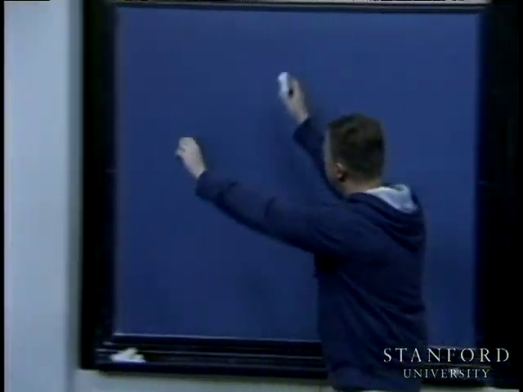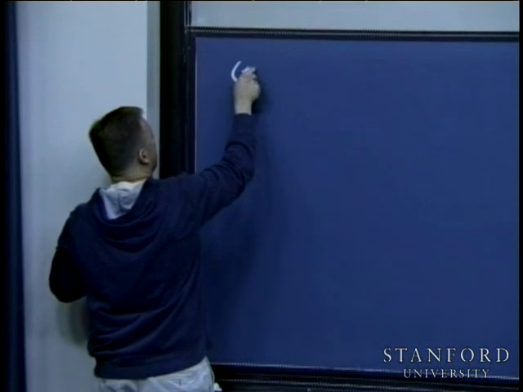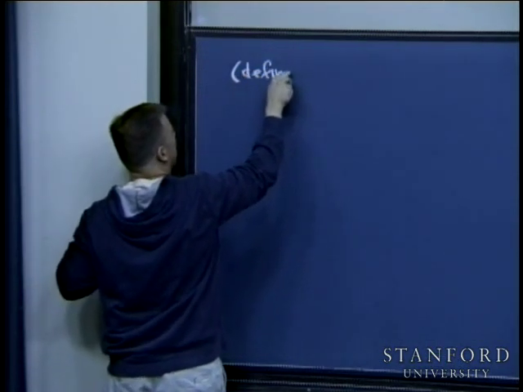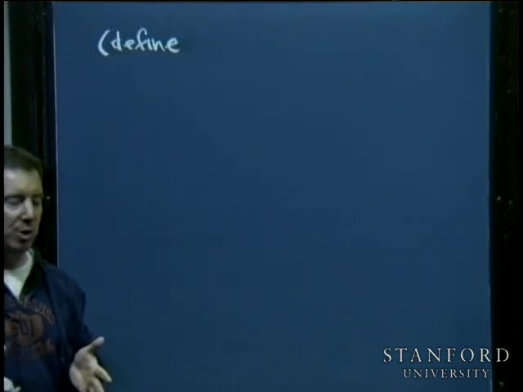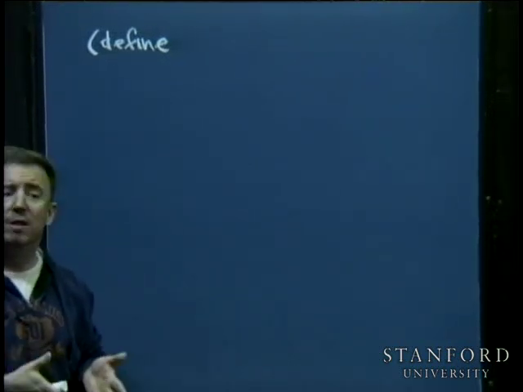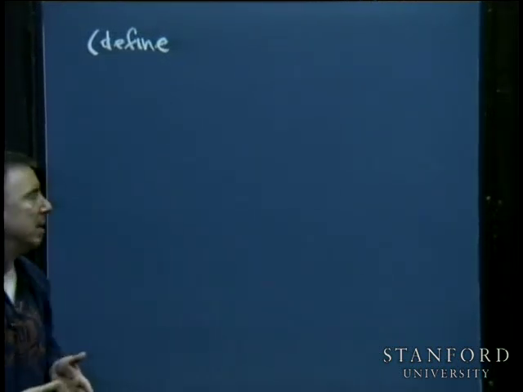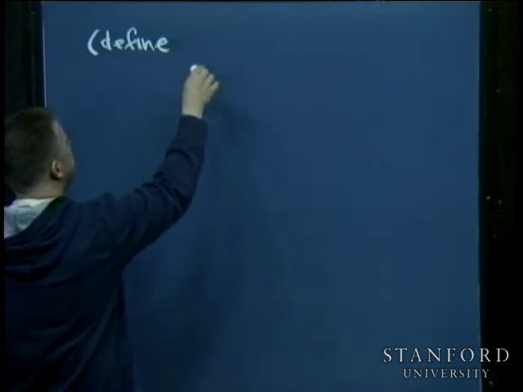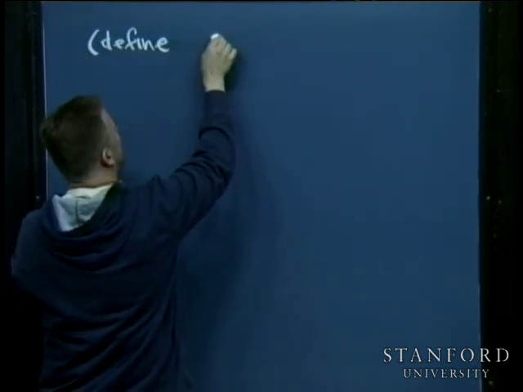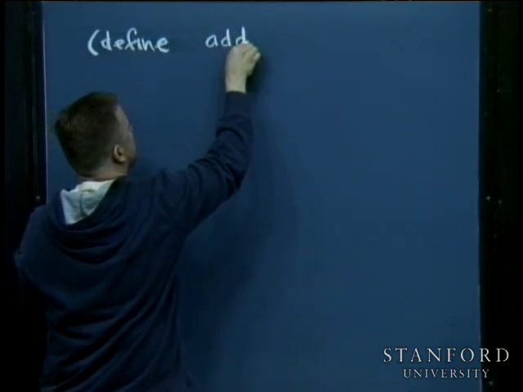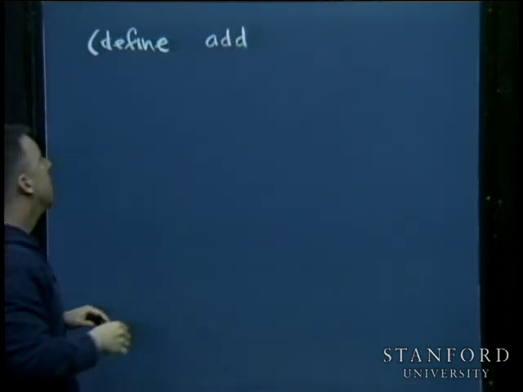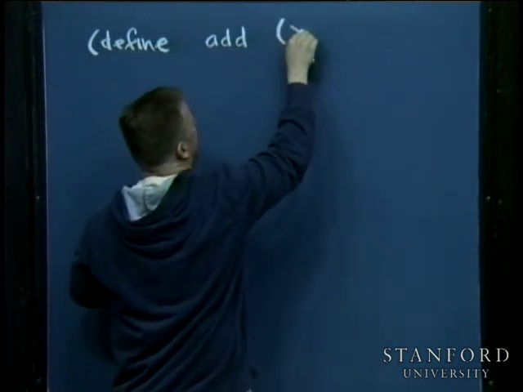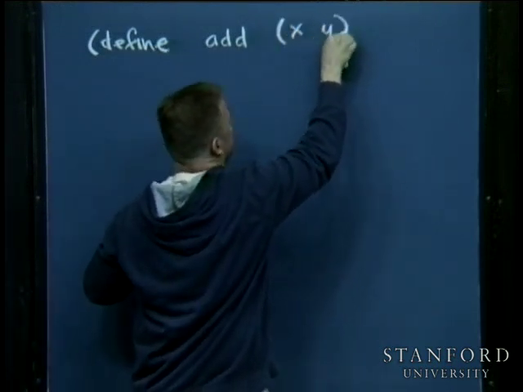If you go ahead and use the define keyword, define has its own purpose. It's occupying the slot where you normally see pluses or times or divisions, okay? What happens next, if I just do this, add, okay? Does that make sense? And I just pass in x and y.